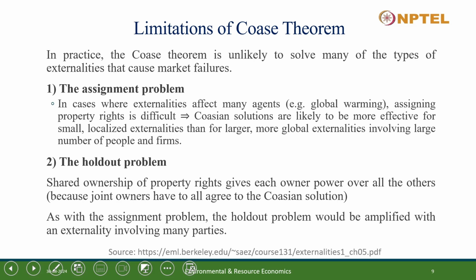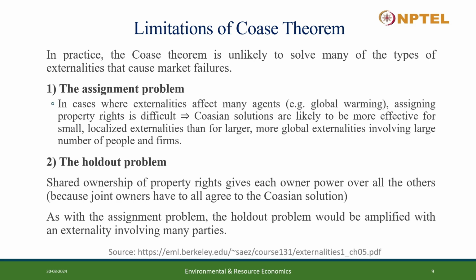Okay, now we will move towards the limitations of the Coase theorem. In the Coase theorem we have proposed that if the transaction cost is zero and the property right is well defined, then the optimum level of pollution will be obtained without government intervention. Now, what are the limitations of this theorem?